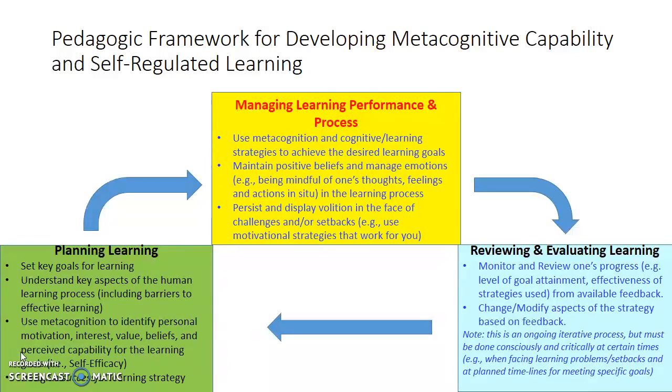Then you've got to put it into practice, and as we know, it's very easy to sit there and say, I'm going to do this, I'm going to do that, etc. But you've then got to put the effort in, and that's where using those cognitive learning strategies come into play, and the important metacognitive aspect of managing the affect and behavioral side.